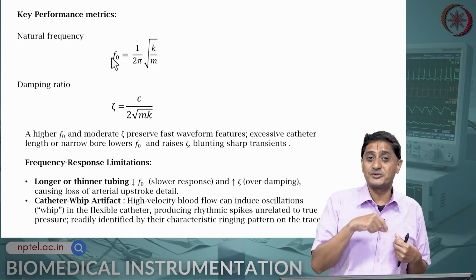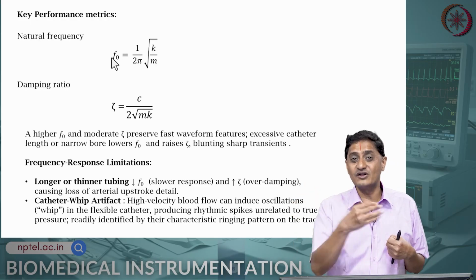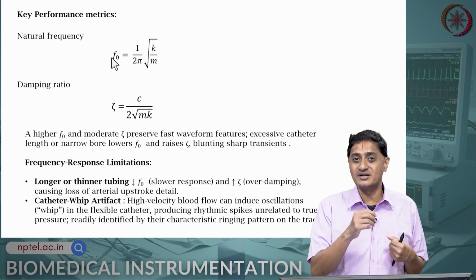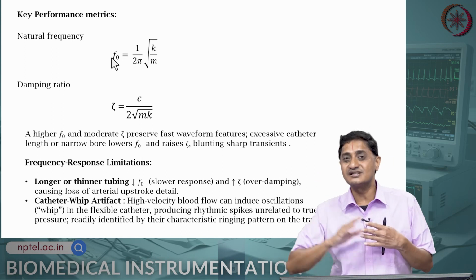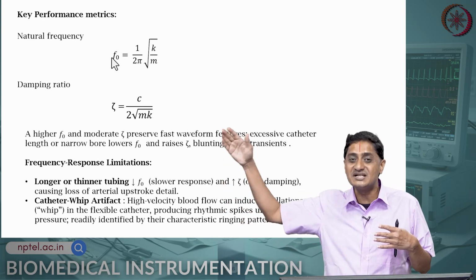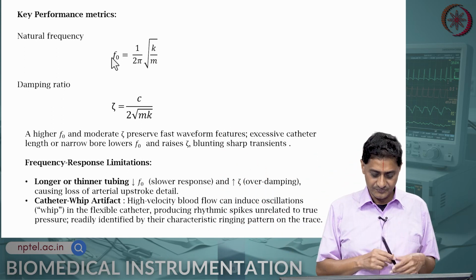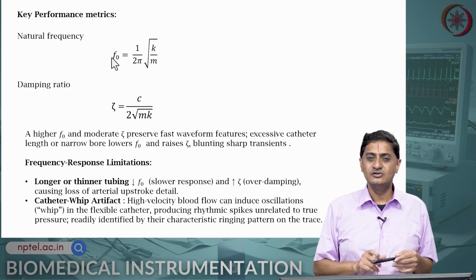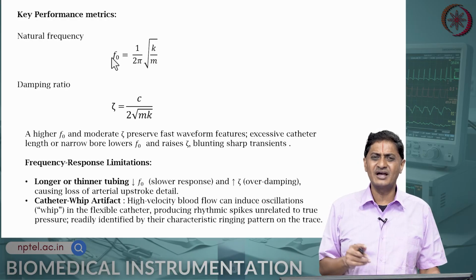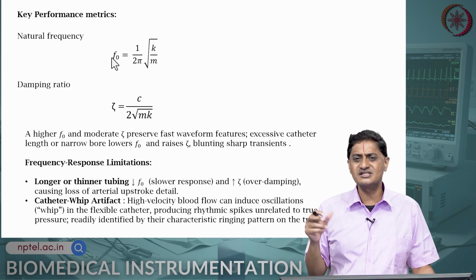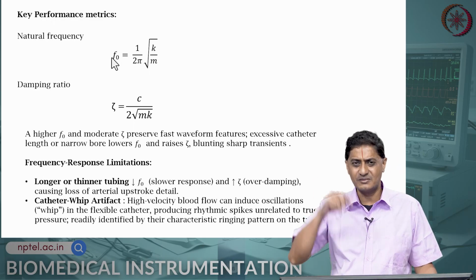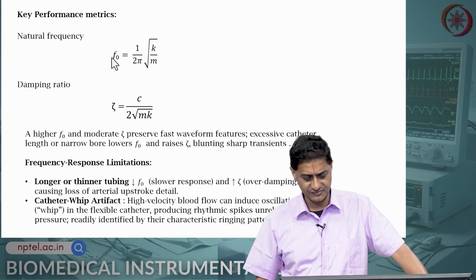This is not actual pressure change, but rather a high velocity blood flow that happened once that causes oscillations that are measured as oscillation of the pressure itself on the outside. This can be identified by the characteristic ringing pattern on the trace. There will be frequent changes of this pattern.